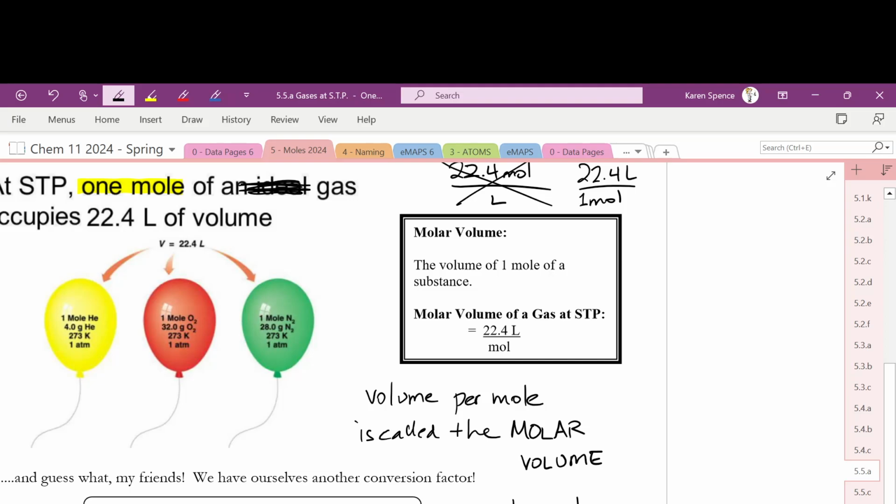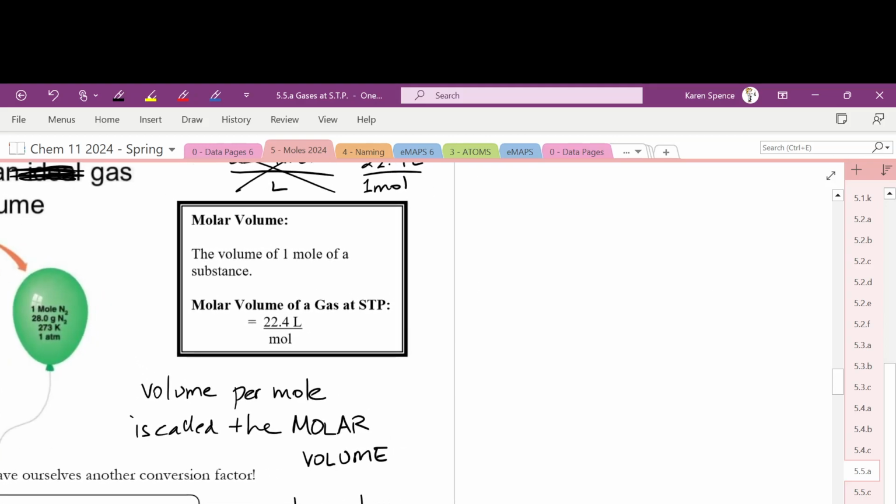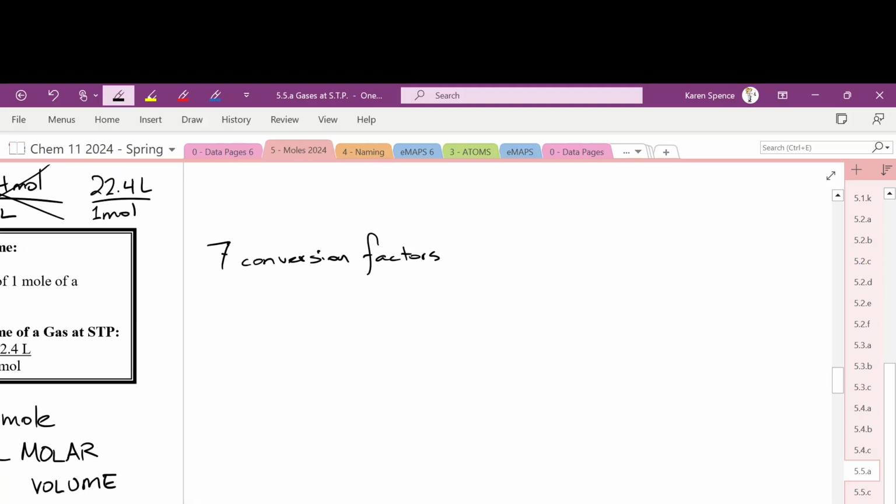And while we're here, I would like you to get yourself a piece of paper and see if you can write down all of these 7 conversion factors. And I think this is it. This is it for conversion factors for the mole unit.